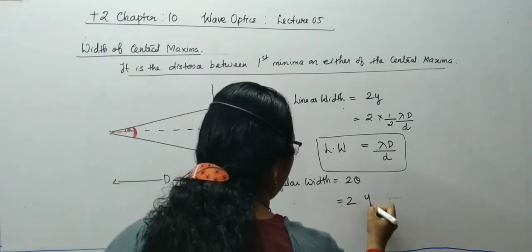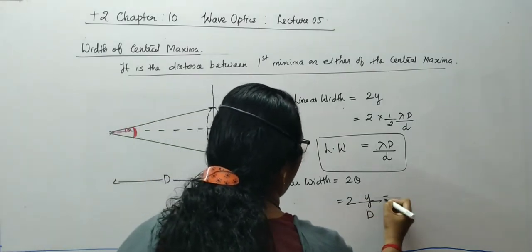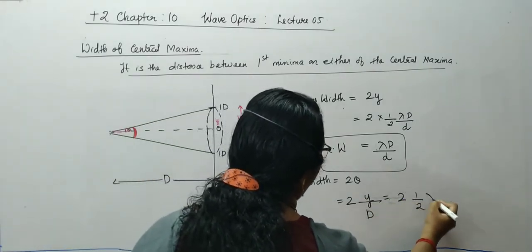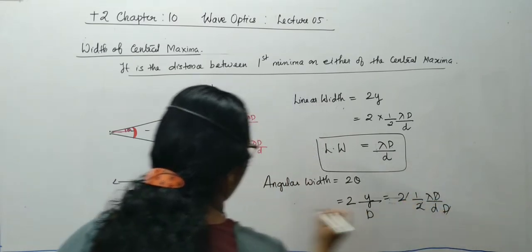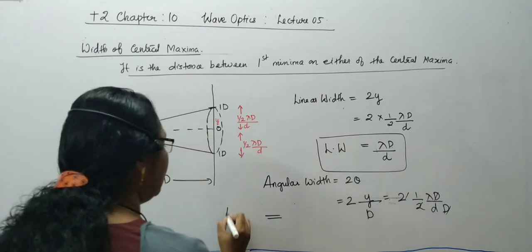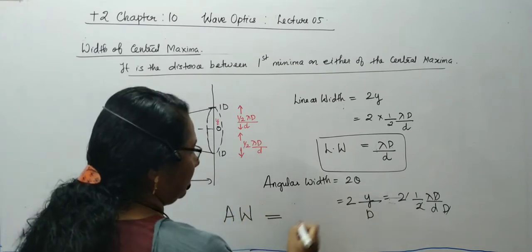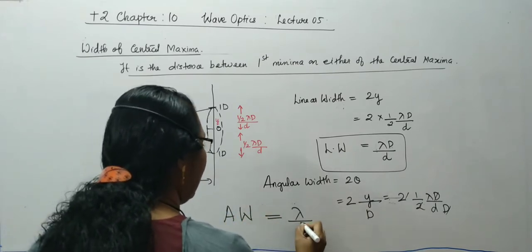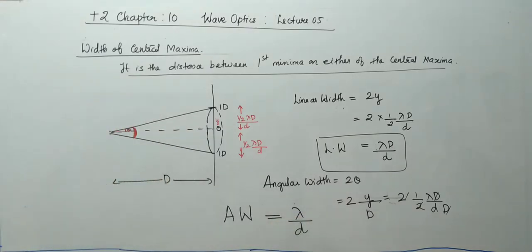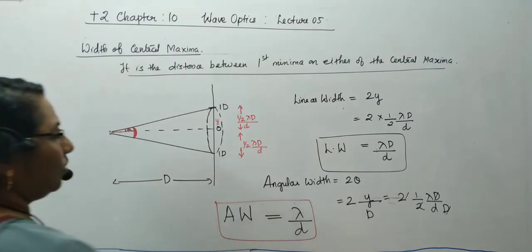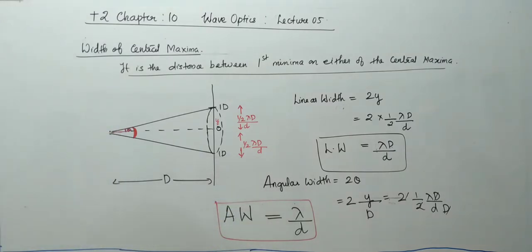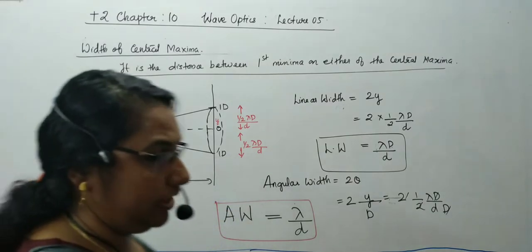Angle is equal to arc length y by D. So 2 times half lambda D by d divided by D. The angular width of the central maxima becomes lambda by small d. So the angular width of central maxima is lambda by small d, and linear width is lambda capital D by small d.